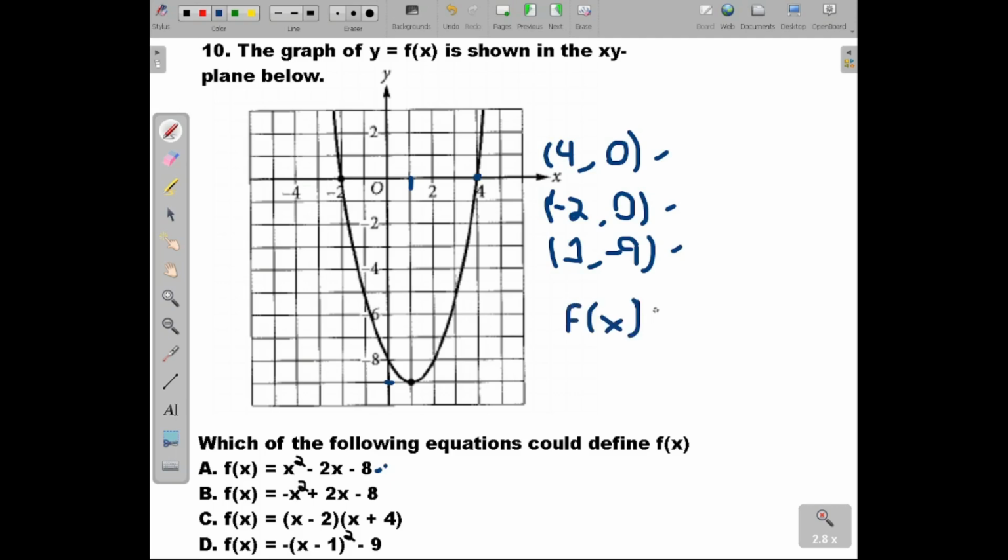Let's start with A. x squared minus 2x minus 8. So this is the value of x and this is f of x or y.